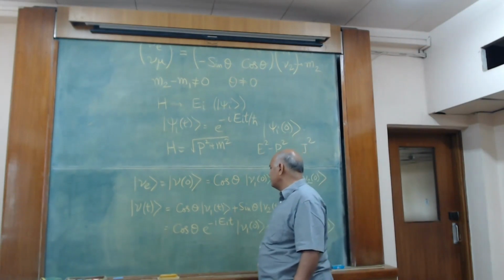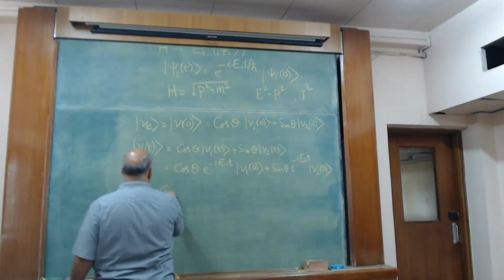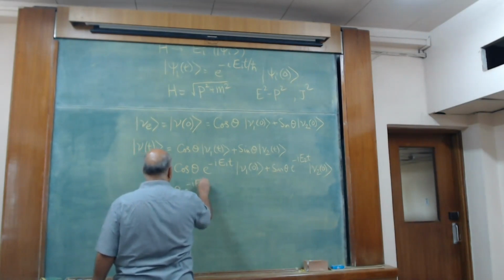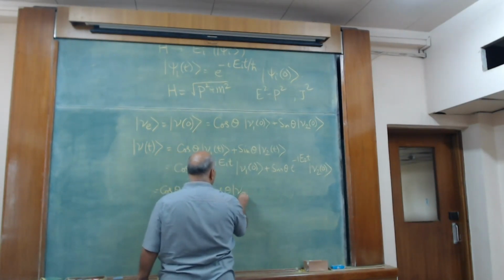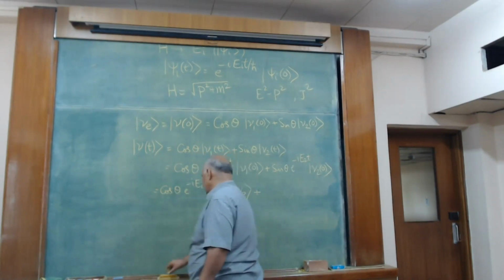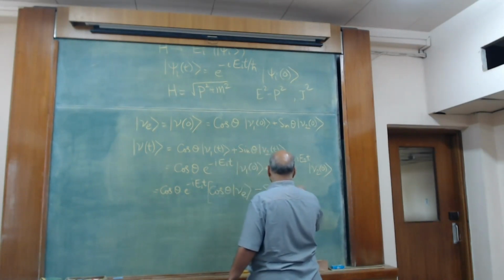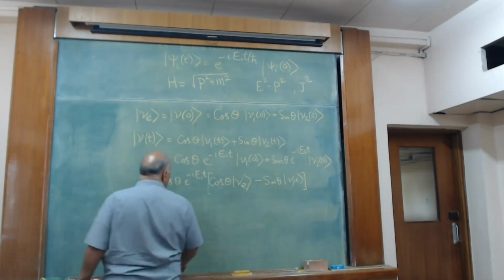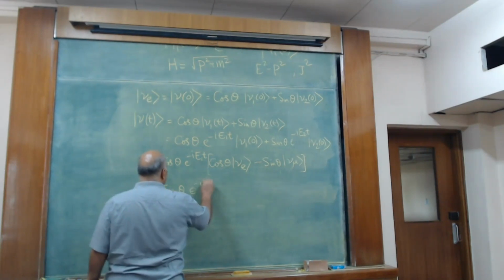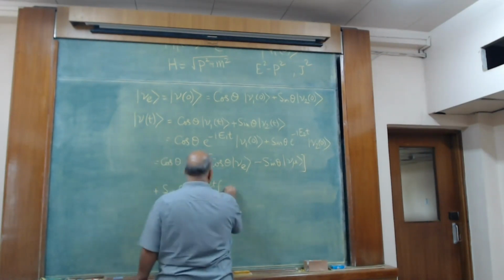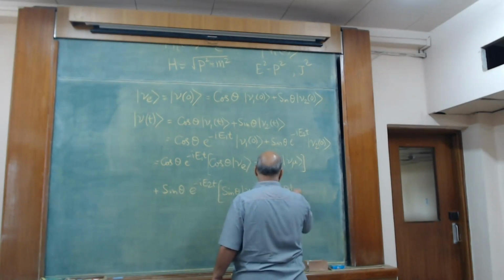So if I do that, I will get cos theta e power minus i E1 t times cos theta nu e, not plus, it will be minus sin theta e power minus i E2 t sin theta nu e plus cos theta.